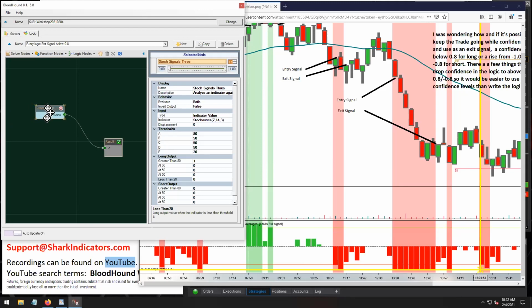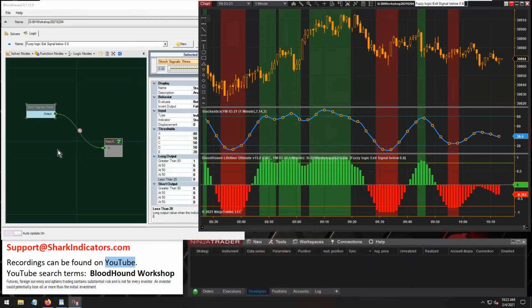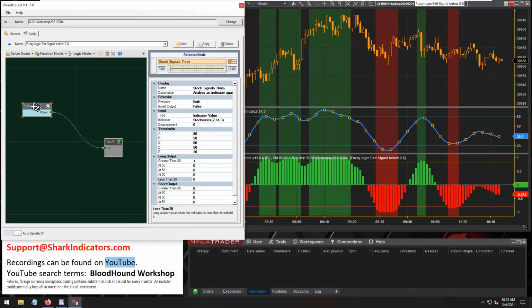So this one solver here is representing the entire logic that created these entry signals, all right? Whatever the logic was that created those entry signals, you'll have to replace this one solver here with that entire logic for your entry signals.